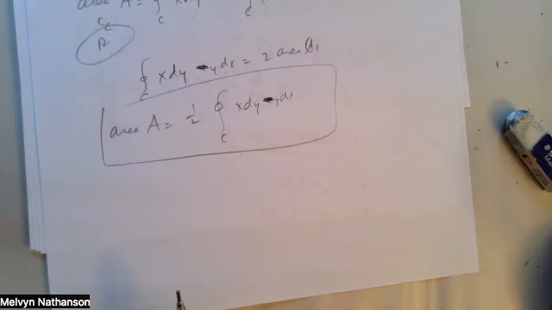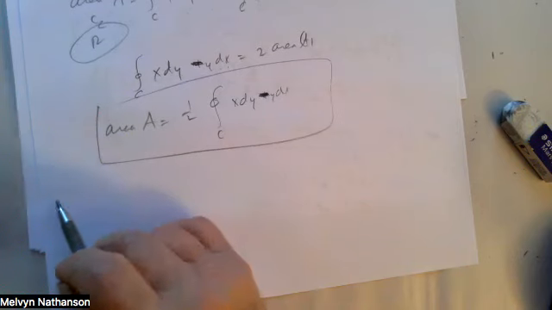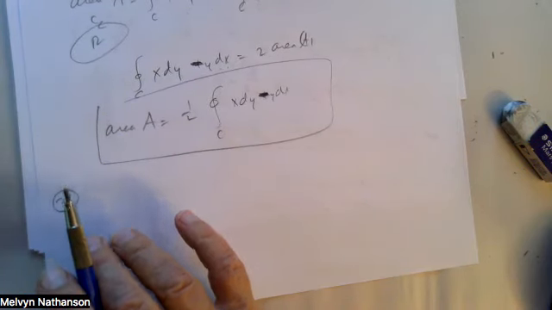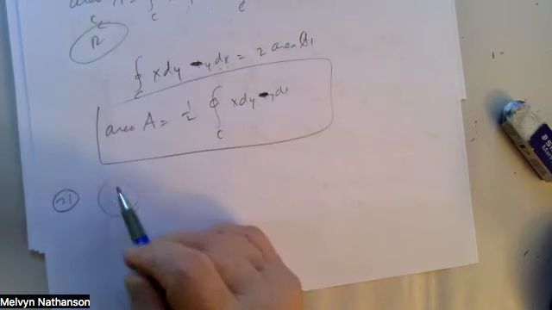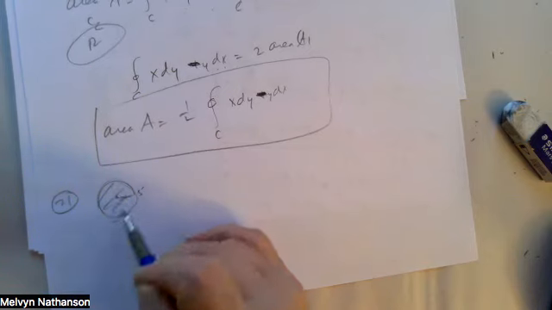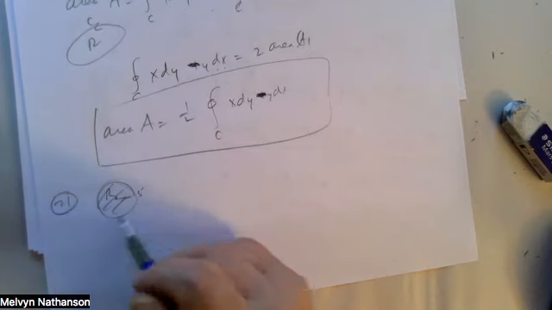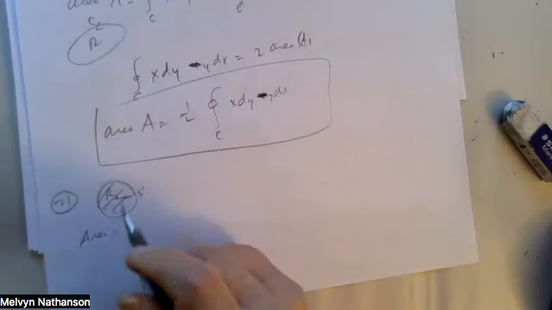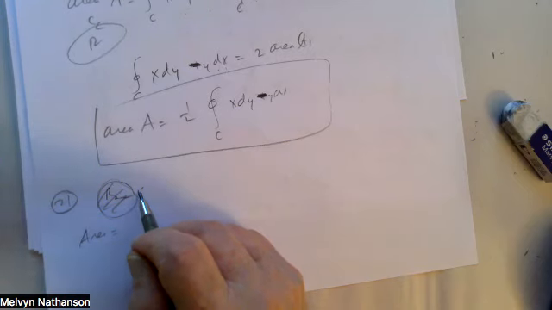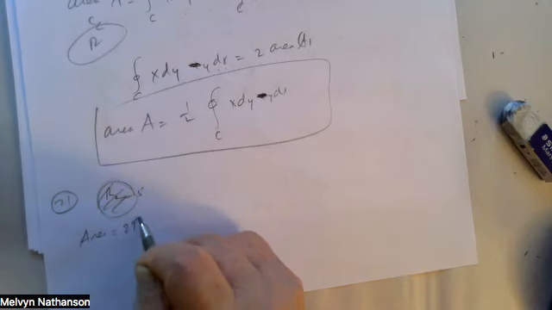So if we look at problem 21, it is to use the line integral on the boundary to find the area of the disk of radius 5. It's always nice to know the answer before you start. The area of a circle of radius r is pi r squared. The radius is 5. 5 squared is 25.